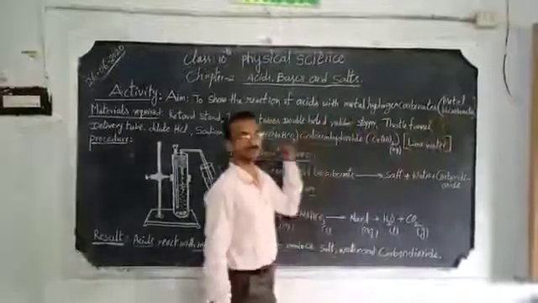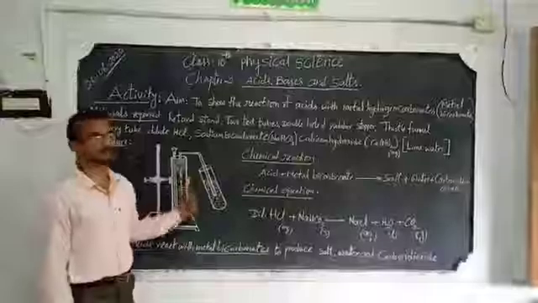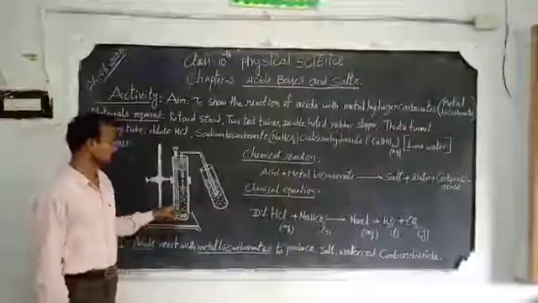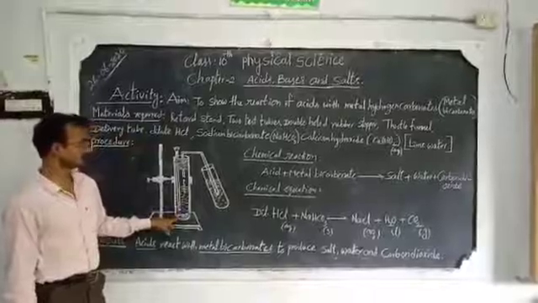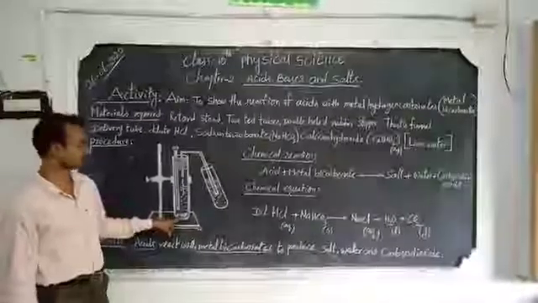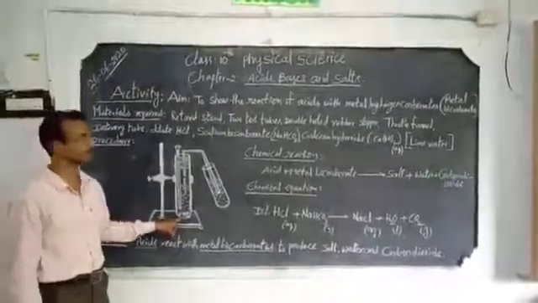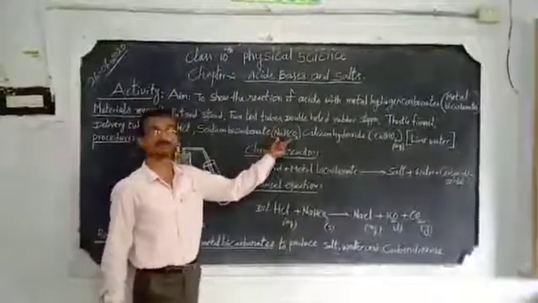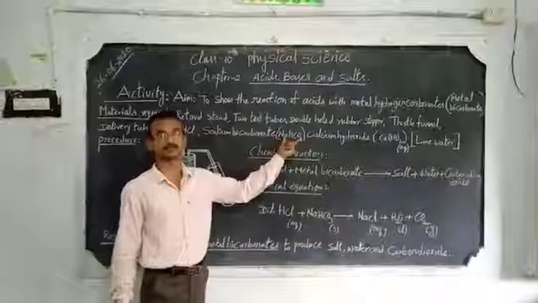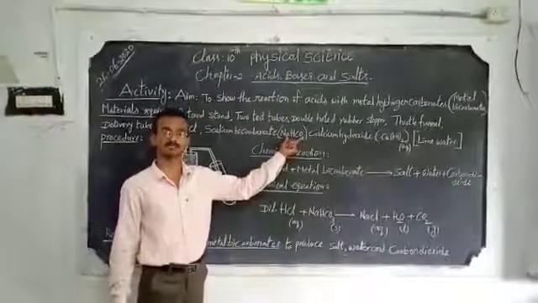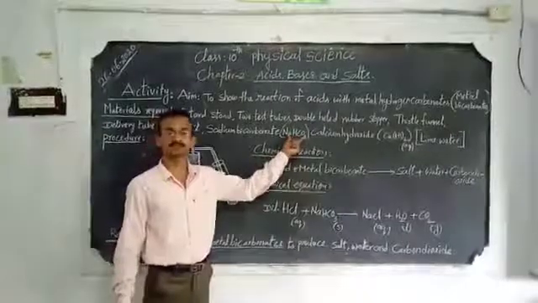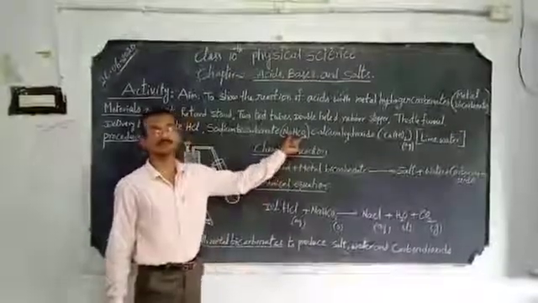This is a similar activity to the earlier one, but here the reactants are acid and metal bicarbonates. In the earlier activity we used sodium carbonate, but here we are using sodium bicarbonate. Sodium carbonate is washing soda, but sodium bicarbonate is baking soda.